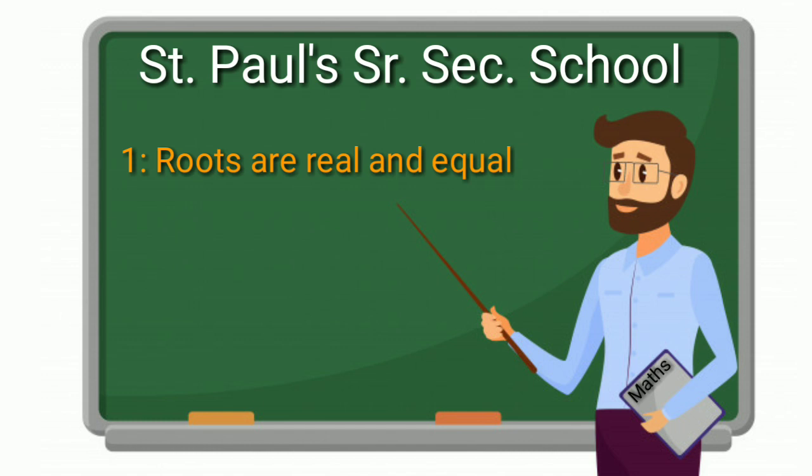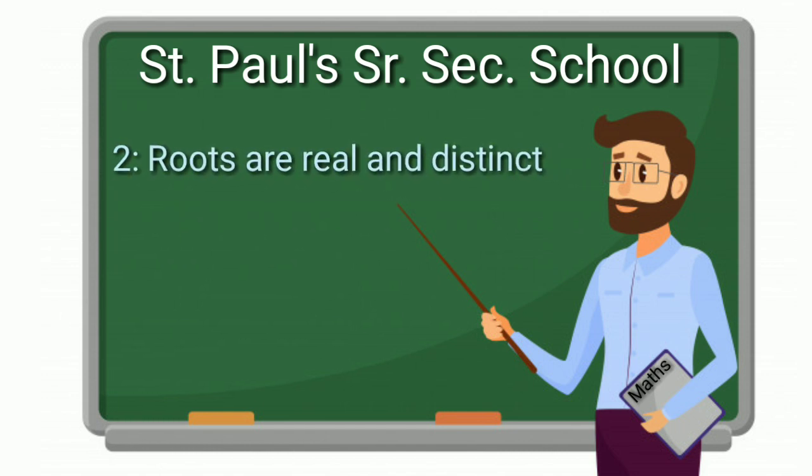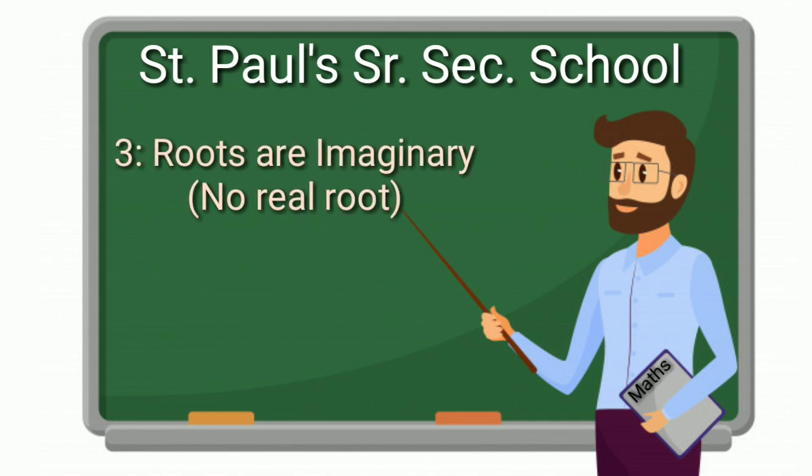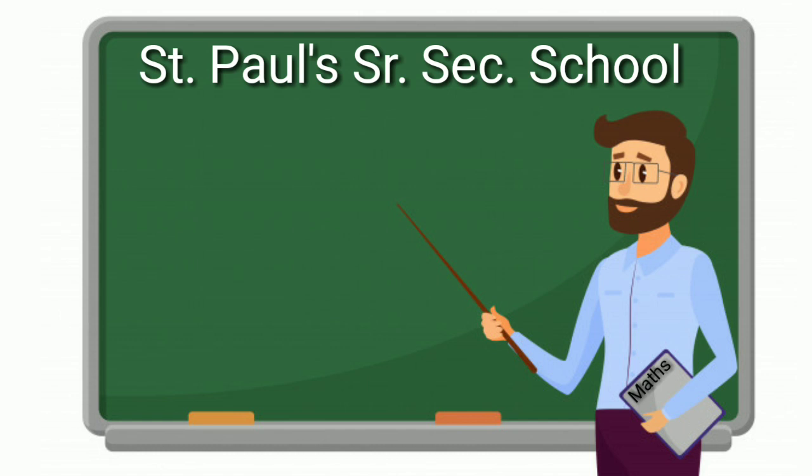Second condition, if roots are real and distinct. And third condition is roots are imaginary. So students, we will understand with the help of examples.